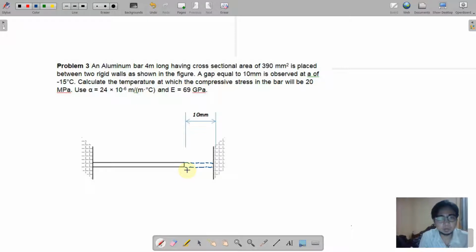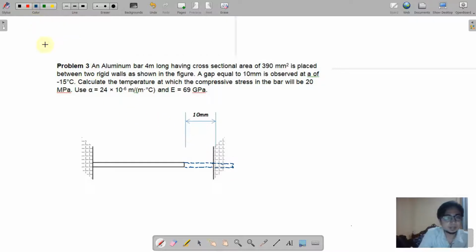If we wanted to have a stress, of course we will further increase the temperature so that it will exceed the 10 mm gap here. So let us illustrate that. I will further add a temperature so that this will extend on the wall.